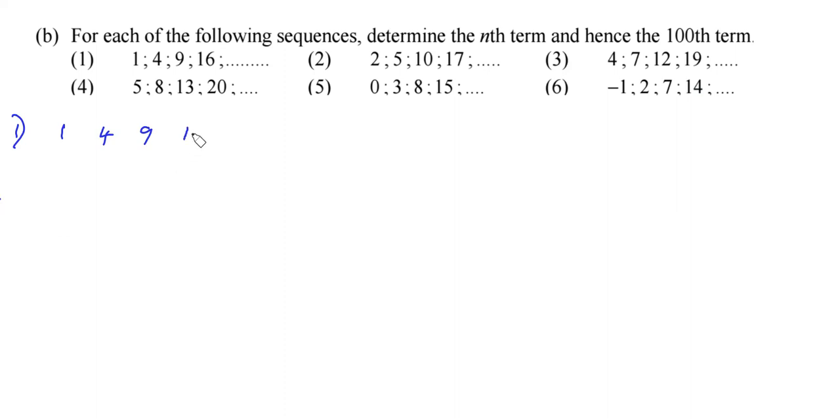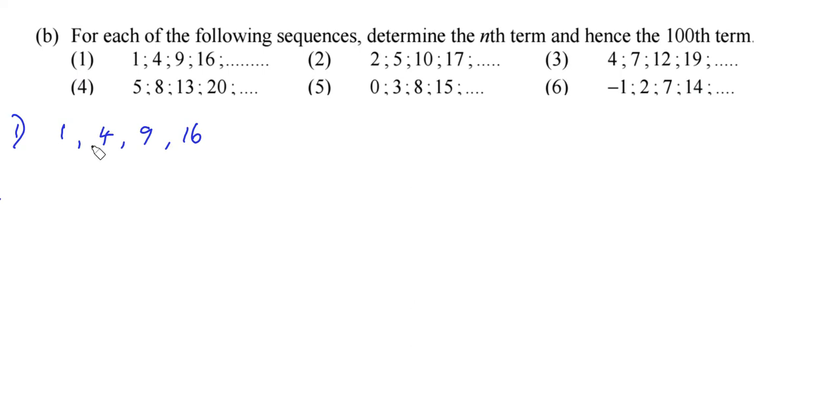Then how do we check these values? If we say 4 minus 1, you get 3. 9 minus 4, you get 5. If you say 4 divided by 1, you get 4. If you say 9 divided by 4, you get 9 over 4. So there's no constant ratio and no constant difference.